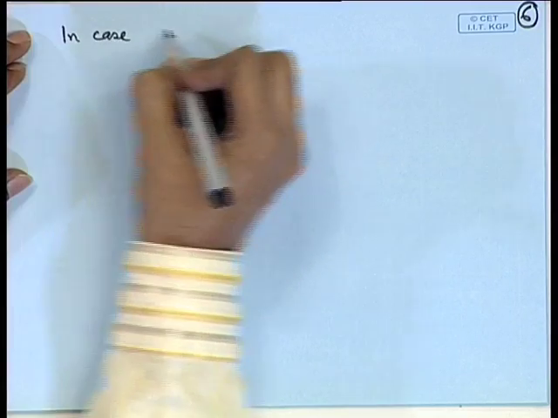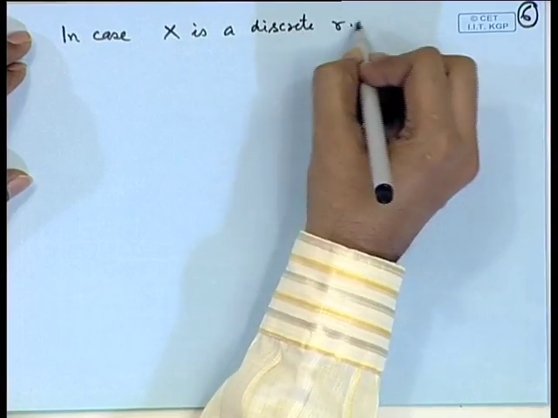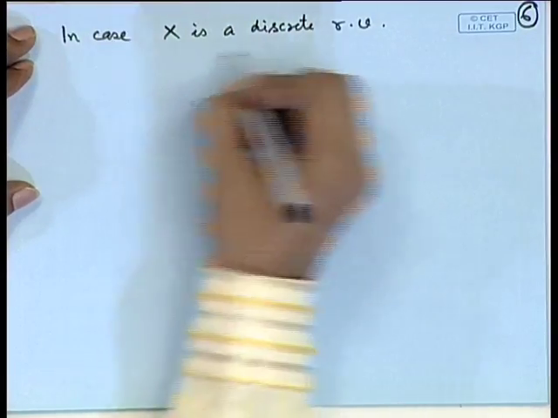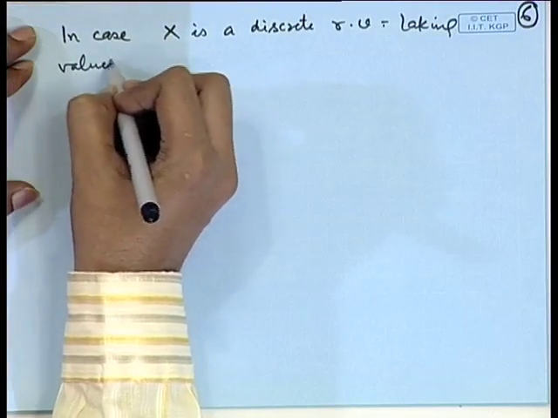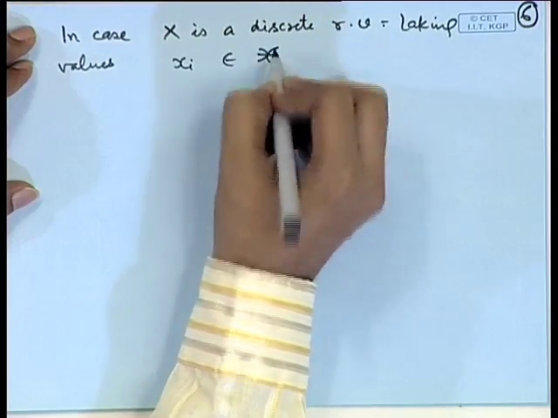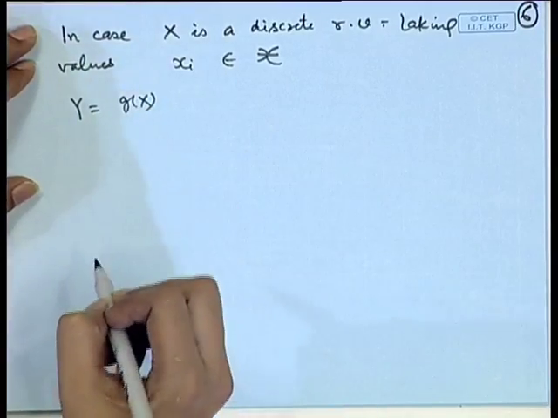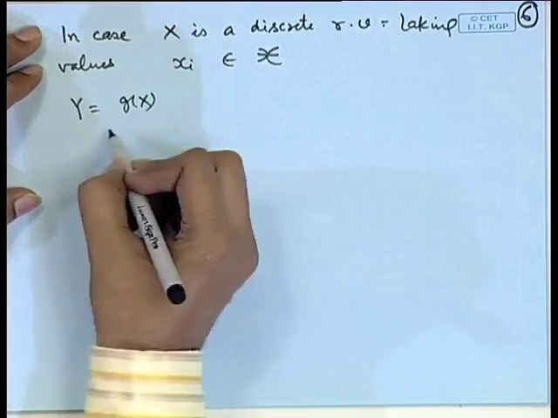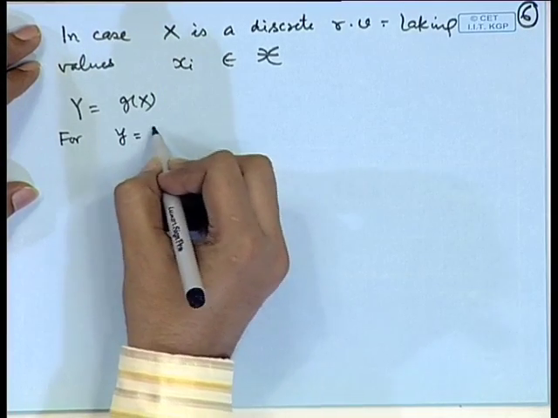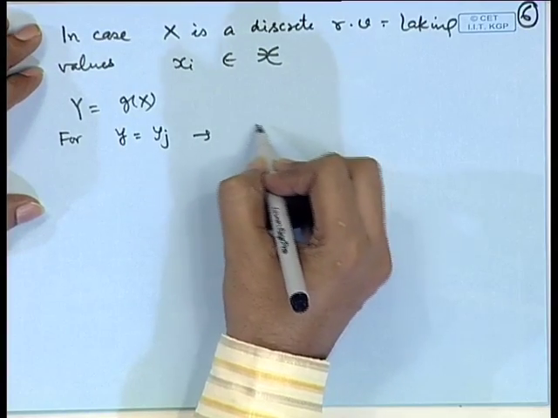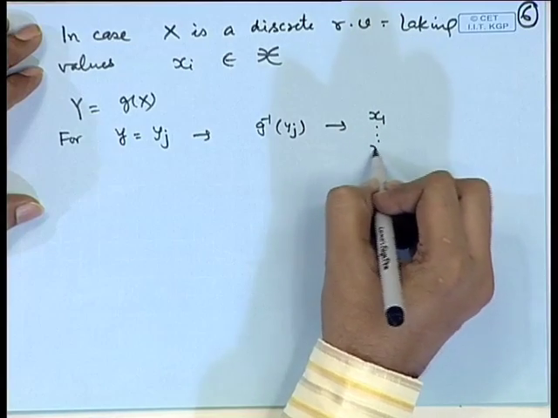In case x is a discrete random variable, say the random variable is taking values x_i belonging to some set script X, and y = g(x) is a function. For y = y_j, g inverse of y_j could be x_1, x_2, ..., x_r, say.